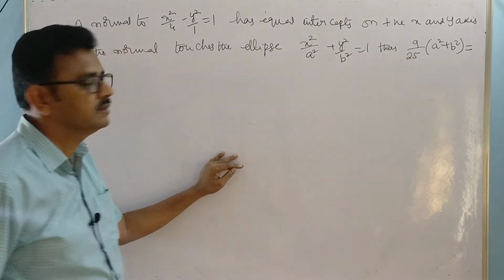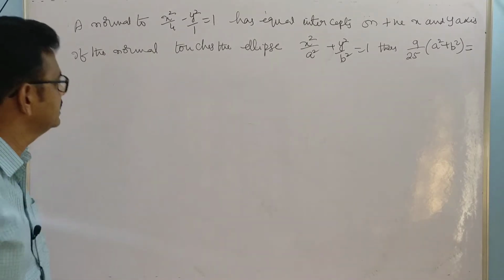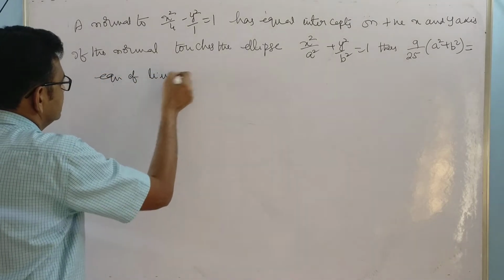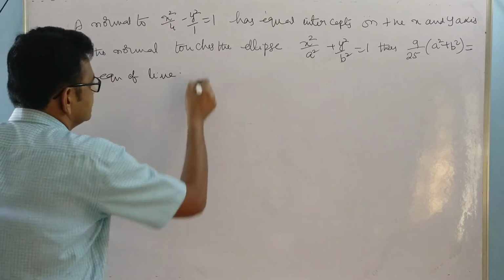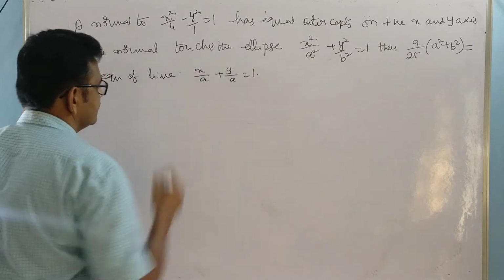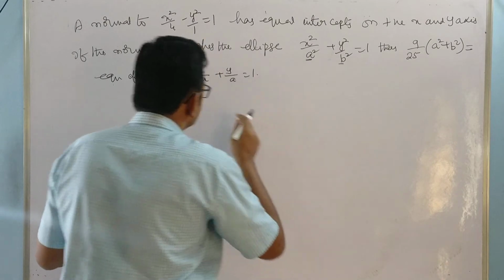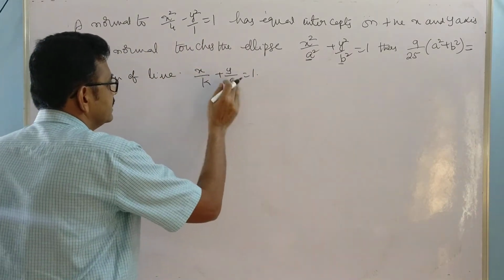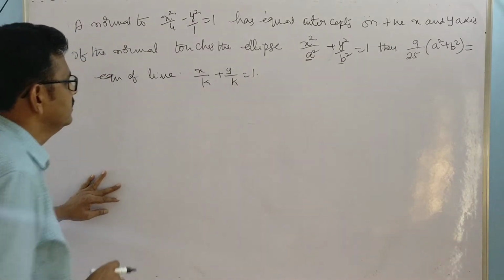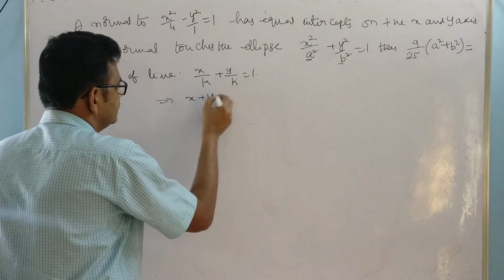What is the equation of line? x by a plus y by b equal to 1, with intercepts equal. So to avoid confusion, write k: x by k plus y by k. Intercepts are equal, so the equation of line implies x plus y is equal to k.